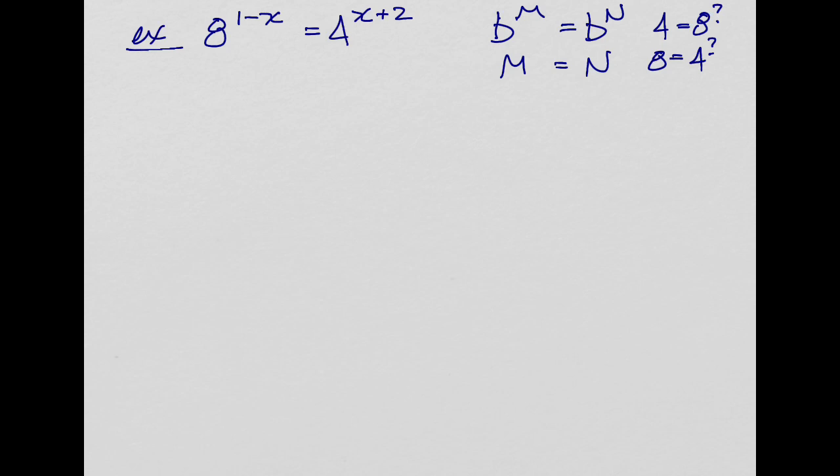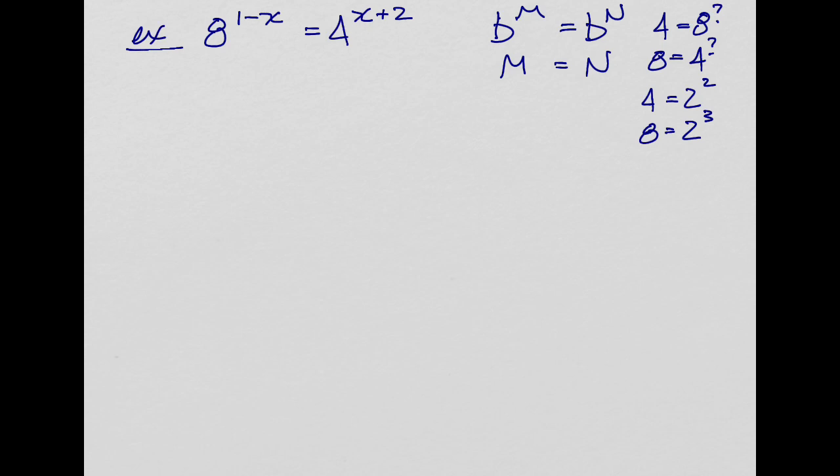I can rewrite 4 as 2 to the second power, and I can rewrite 8 as 2 to the third power. So I can rewrite both 4 and 8 using 2 as a base. Can't really change the 4 to an 8, can't really change the 8 to a 4, but I can change both of them to 2. So that's what I'm going to do.